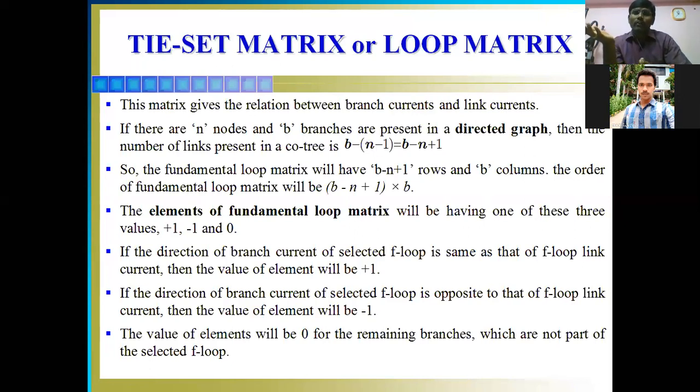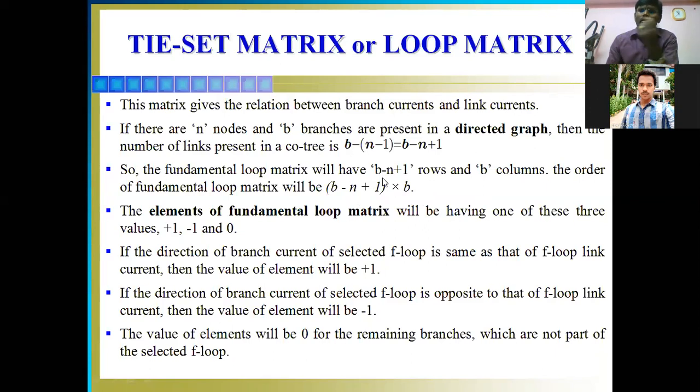It will have B minus n plus 1 rows, the number of fundamental loops, and B columns, where B is the number of branches. So the order of the matrix is the number of tie sets by the number of branches, B minus n plus 1 by B.